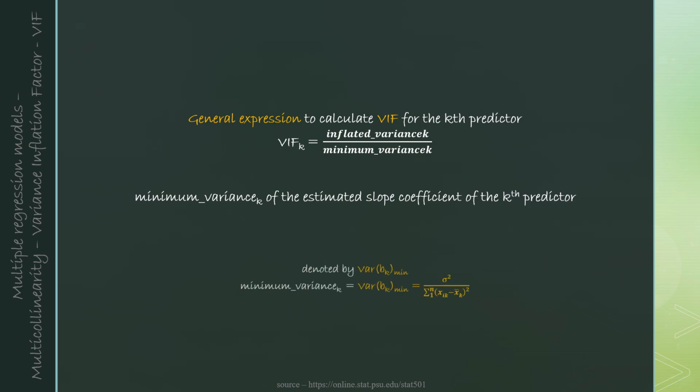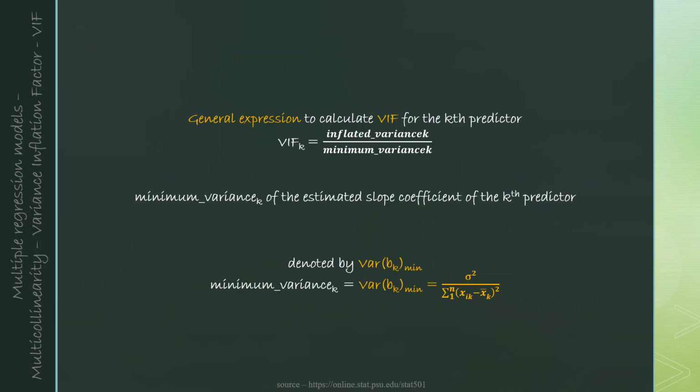What we need is the general expression to calculate VIF for the kth predictor. In other words, the general expressions for inflated variance of k and minimum variance of k. As part of the lectures on simple linear regression model, we learned how to derive the minimum variance k of the estimated slope coefficient of the kth predictor.